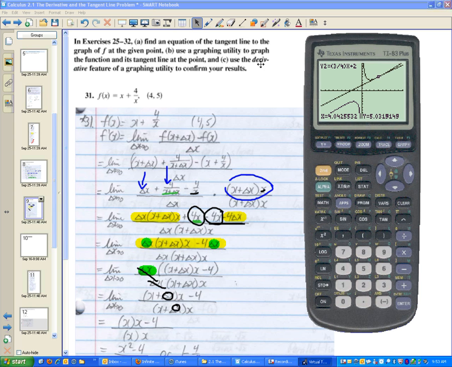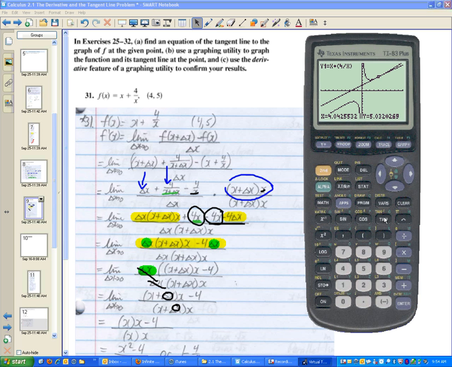All right. Now, part C. Use the derivative feature of a graphing utility to confirm your results. So let's see if I remember how to do this. I'm going to quit that. I'm going to go to second calc. And I'm going to choose number 6 for me, dy dx. That's one of our notations for derivative, isn't it?